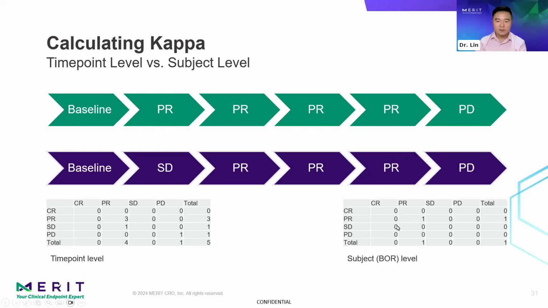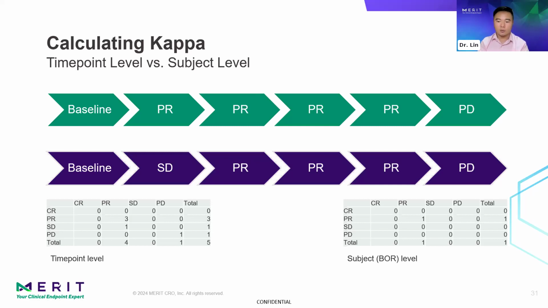And calculating kappa at a subject level will focus on the overall consistency of reader assessments for each subject across all time points. This approach will consider the cumulative effect of assessments throughout the trial. It aligns with the primary interest in primary outcomes rather than individual visit discrepancies.